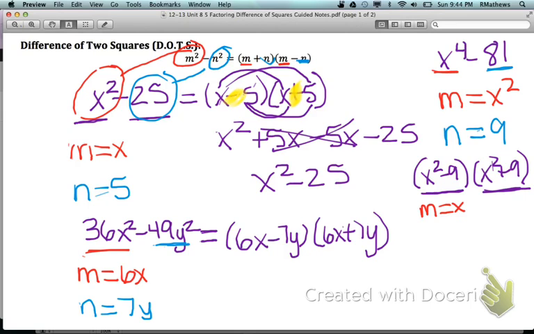And n is now 3, because that's the square root of 9. So I would have to continue factoring. So if I continue factoring, the x squared minus 9 becomes x minus 3 times x plus 3. But I also must carry down the x squared plus 9. That does not just disappear.